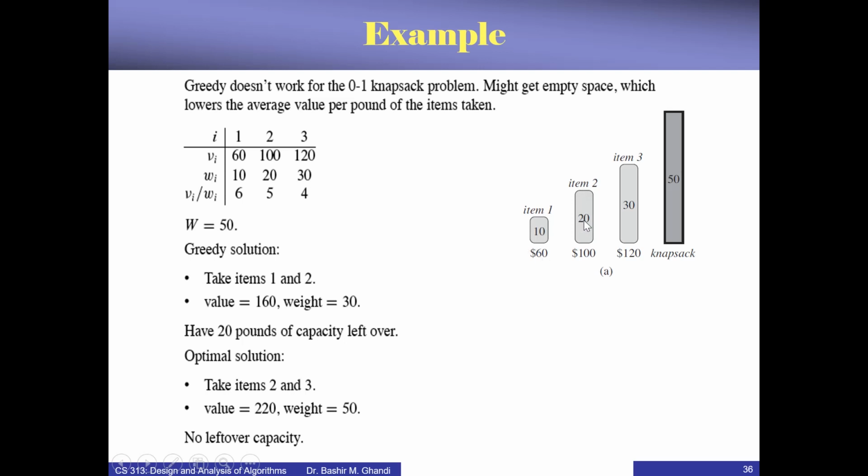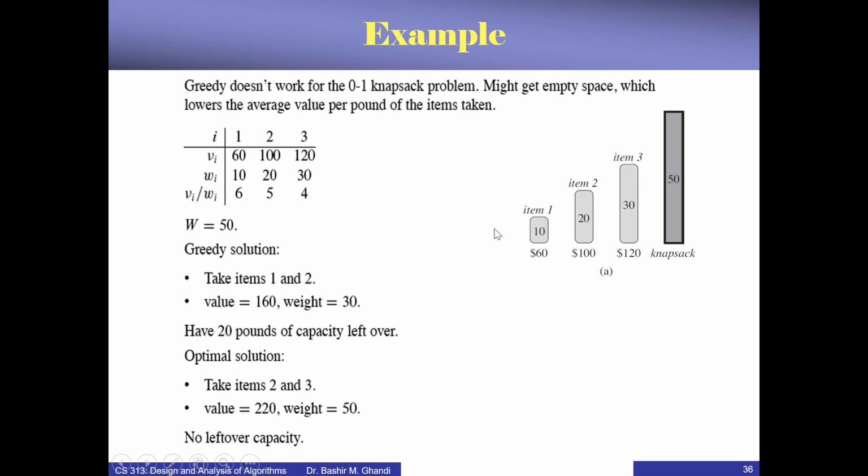Item 2 weighs 20 pounds and its value is $100. Similarly, item 3 weighs 30 pounds and its value is $120. The thief can take as much as 50 pounds, so capital W is 50. This is the weight the thief can carry.